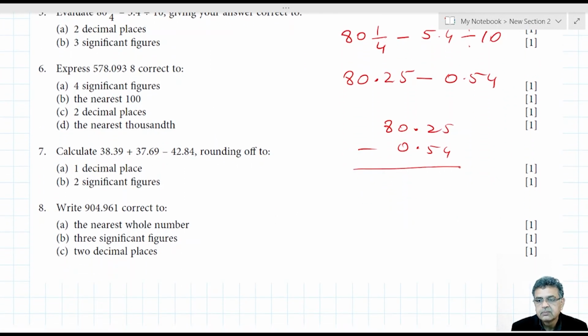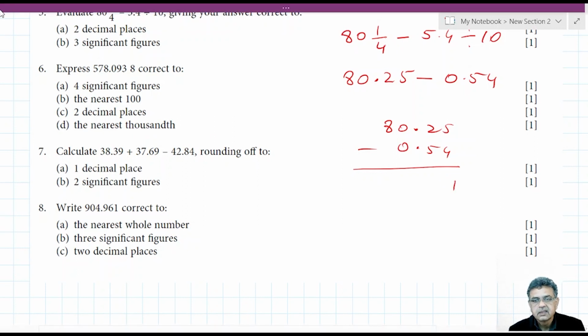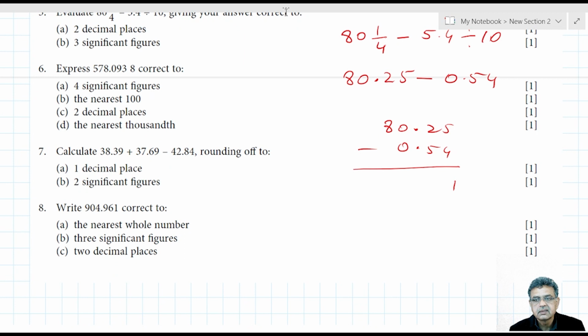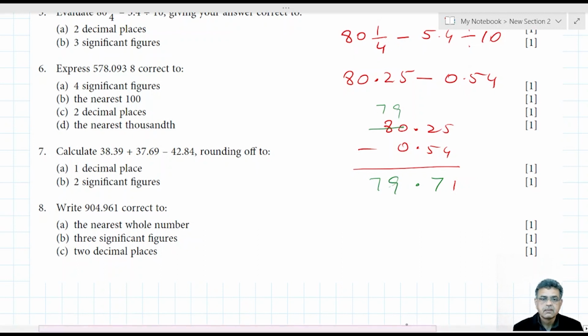So it will be 5 minus 4, 1. Now here 2 is smaller than 5. So what we can do, we can borrow 1 from here. That will become 79. And that 1 will make it 12. 12 minus 5, 7, 79.71.